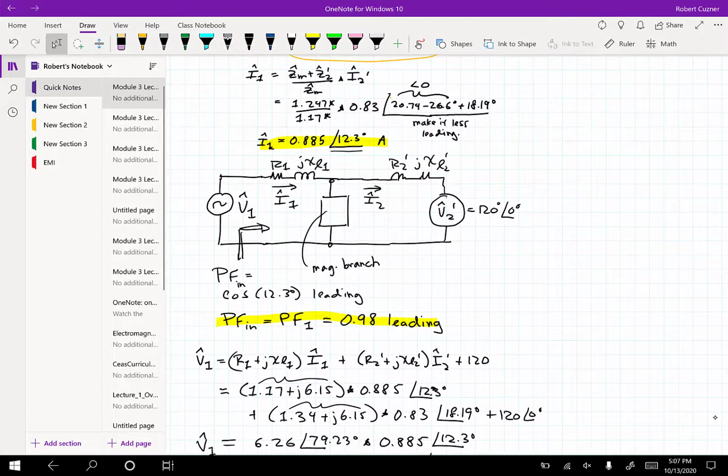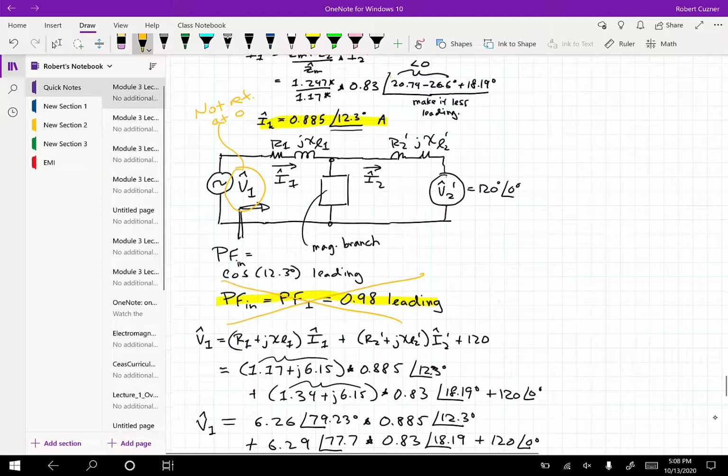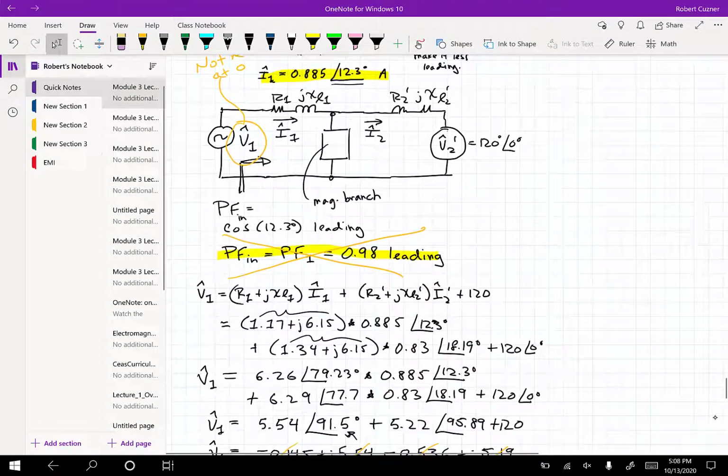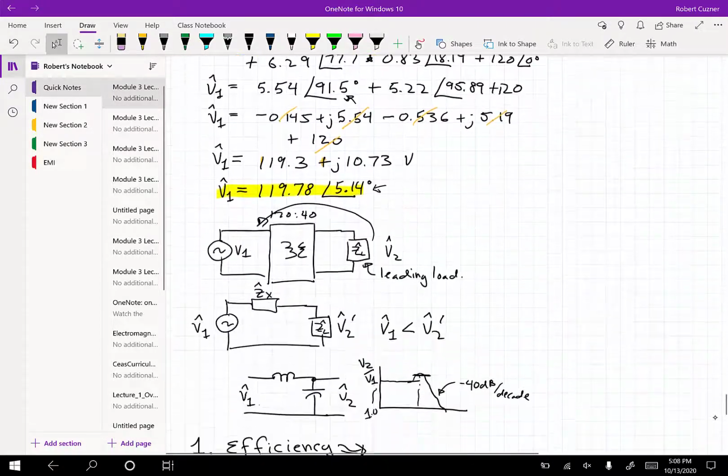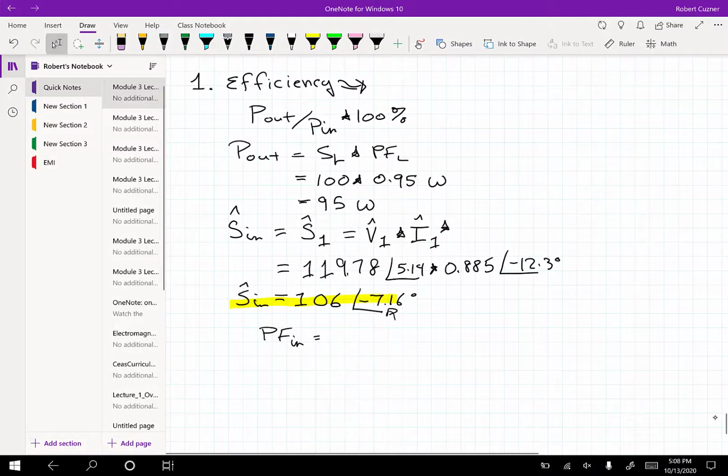This is incorrect. That's not the power factor. Why? Because this was not referenced at 0. You have to have a 0 reference for this to be the power factor, so I was incorrect with this statement. Nothing else is based on it so far, really. We're finding the true power factor right now.